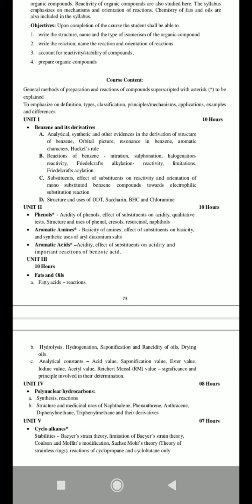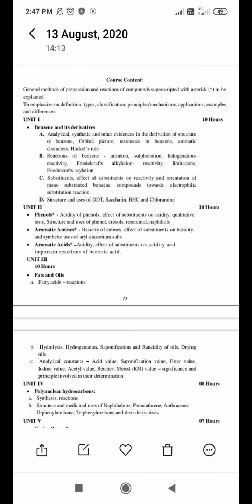Analytical proof means, for example, benzene has a boiling point of 80 degrees. How will we come to know 80 degrees? If we check through a physical parameter, means boiling point apparatus, we will come to know that benzene has an 80 degree Celsius boiling point.